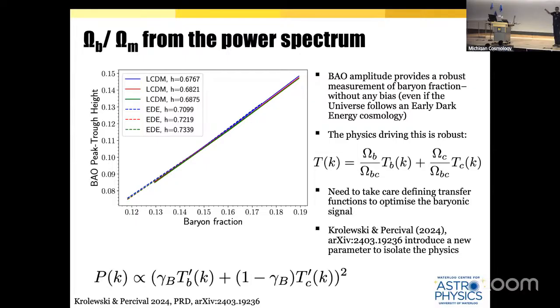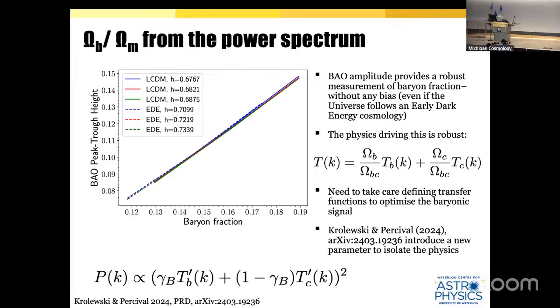How big those oscillations are compared to the rest of the power spectrum really comes from how these fields have grown together, which has been most important when you combine them to give the gravitational potential that all of these perturbations are growing through. This is quite a clean way of doing it, because the physics is clean. You've just got these two fields growing together into one combined perturbation field, and the amplitude of the oscillations in it depends on the baryon fraction.